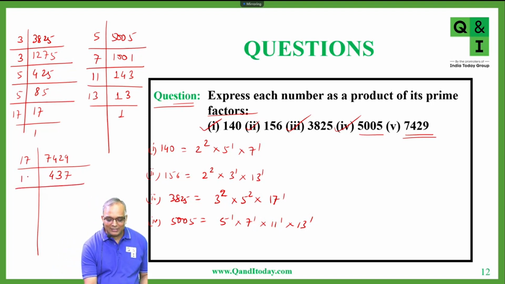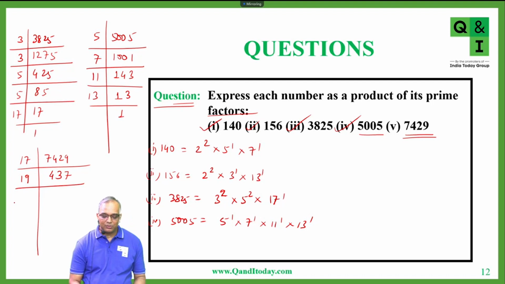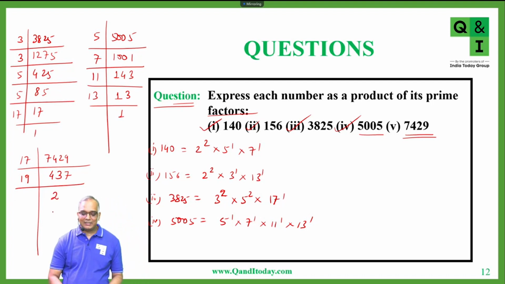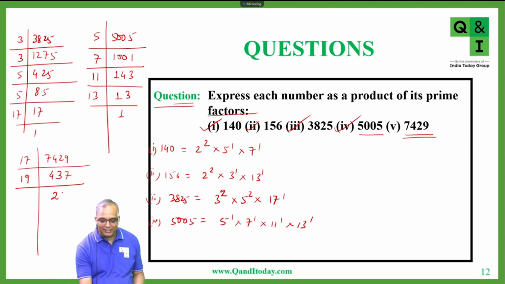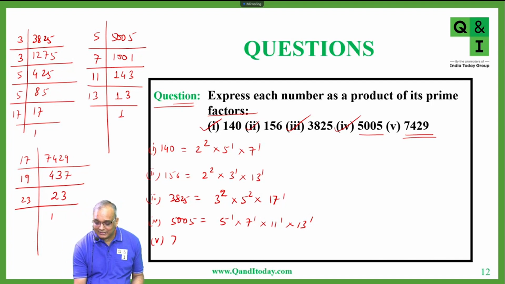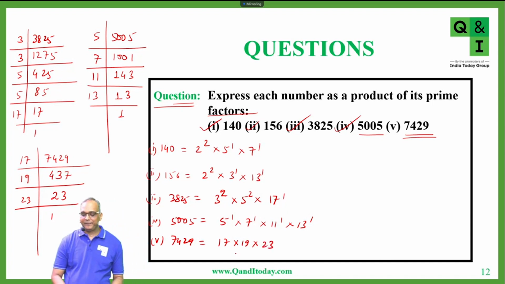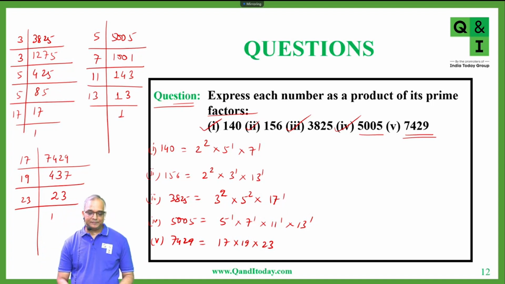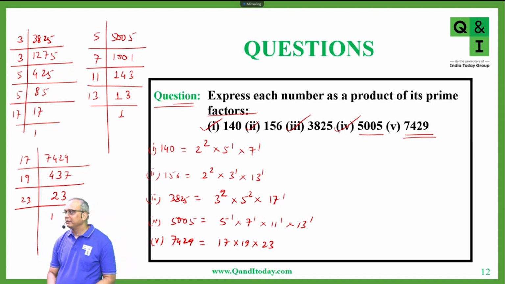So now next by 19 if we do, 19 2 times is 38, and then 57, 19 3 times is 57. 23 is a prime number. So we can write 7429 is equal to 17 into 19 into 23. So this is the prime factorization of 7429. Is it clear?